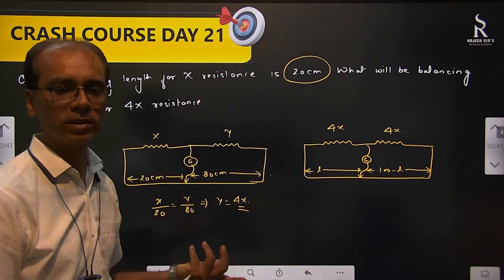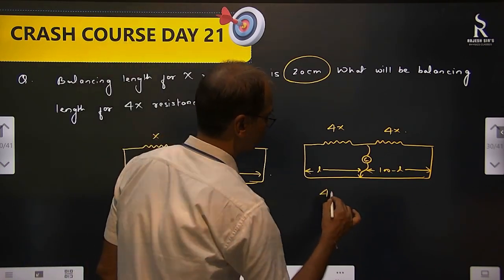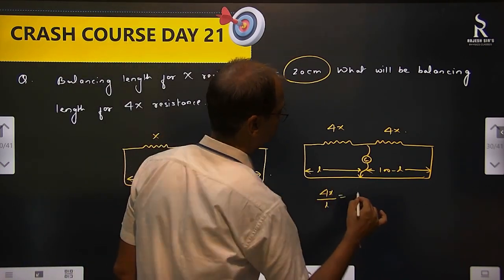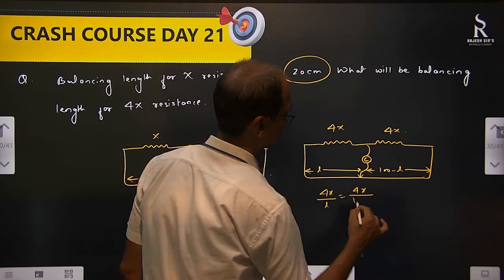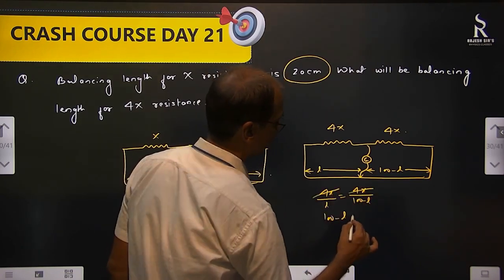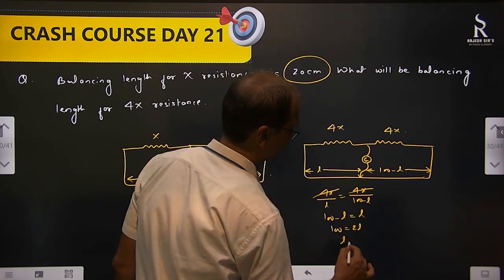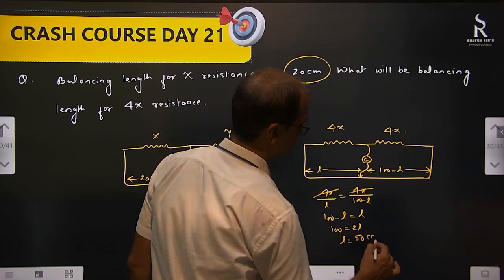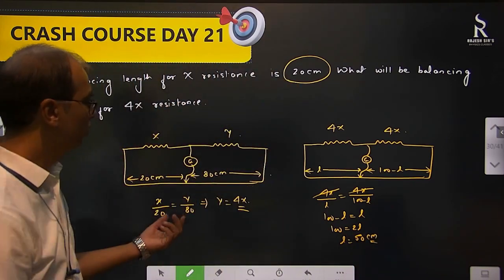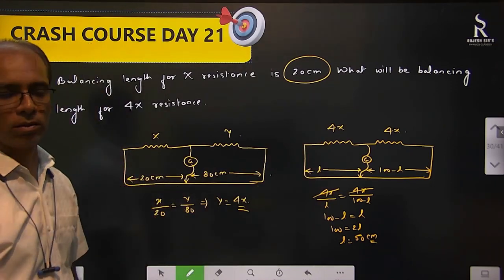But let's assume we don't know. 4X by L equal to 4X by 100 minus L. This gets cancelled, so 100 minus L equals L. So 100 equals 2L, so L equals 50.